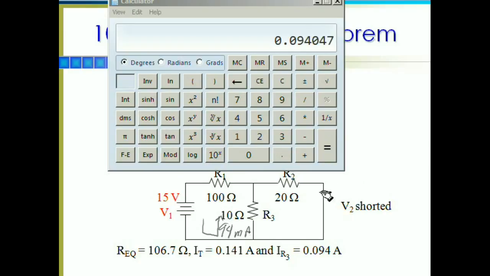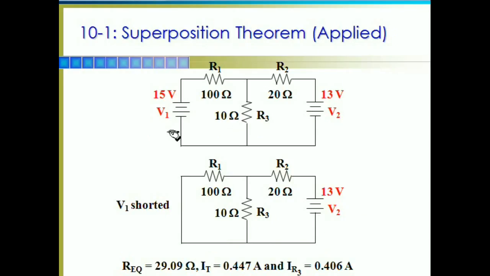Now we've got to come over and do the exact same thing with the 13 volt source. So now we short out the 15 volt source and repeat using the 13 volt source. Well, this time I've got a 100 ohm and 10 ohm resistor in parallel in series with the 20 ohm resistor. So we go through the same thing.